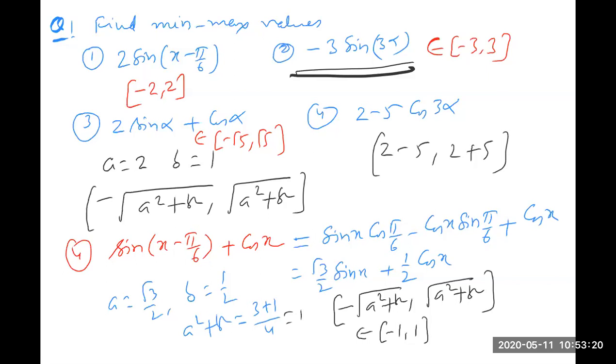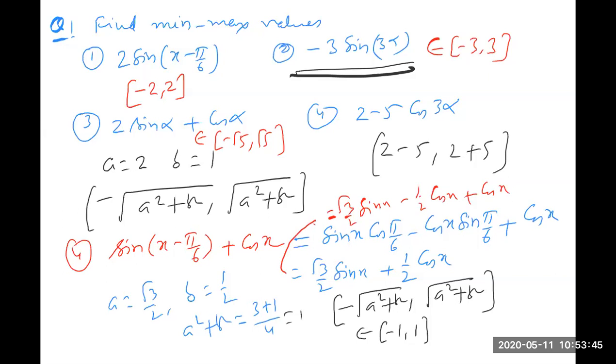So I'm expanding sin x cos pi by 6 minus cos x sin pi by 6 plus cos x. Cos pi by 6 is under root 3 upon 2. Sin pi by 6 is 1 upon 2. So this is under root 3 upon 2 sin x minus 1 upon 2 cos x plus cos x.